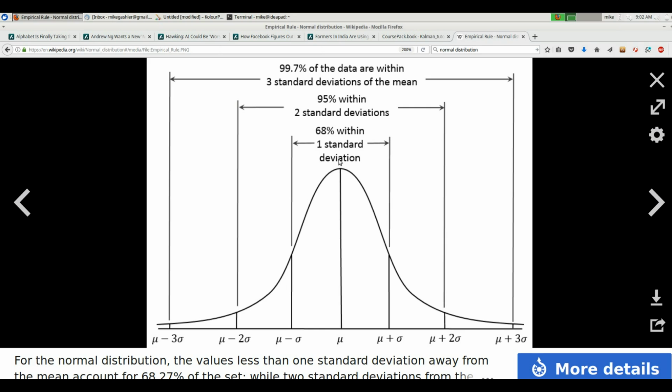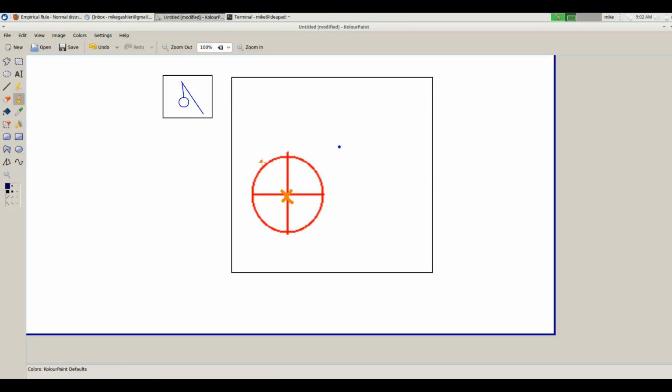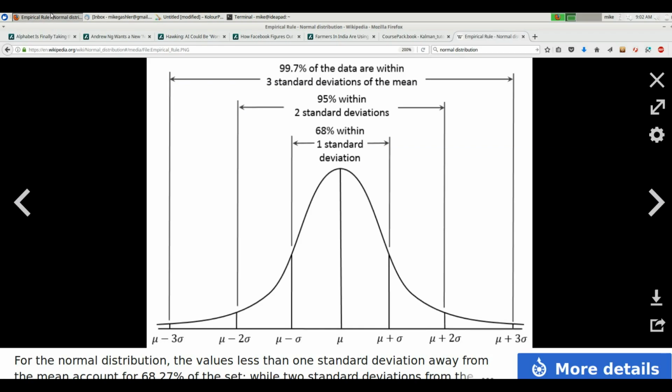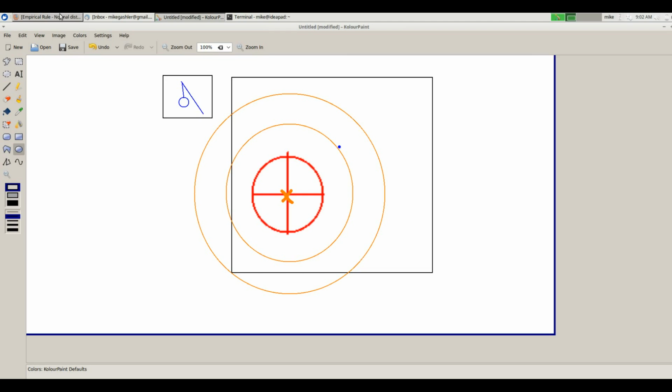Here's how you know when you have nailed it, when you're doing your assignment correctly. Let's suppose you draw your circle, or the length of your crosshairs, to be 1 standard deviation away from the mean, from the centroid. If your Kalman filter is correctly implemented, then 68% of the time the dot will be inside of the circle.